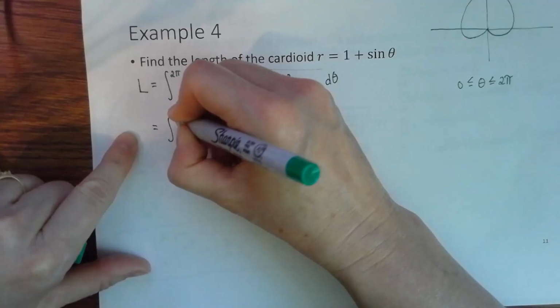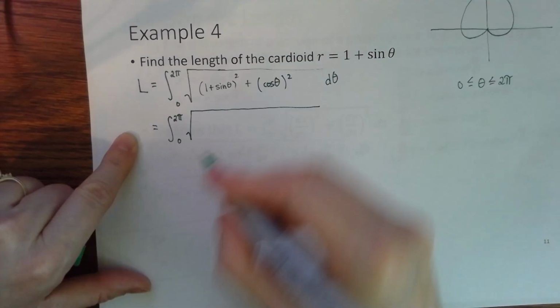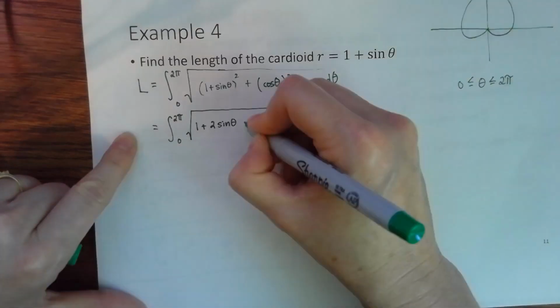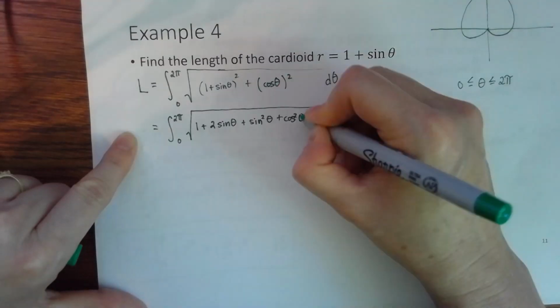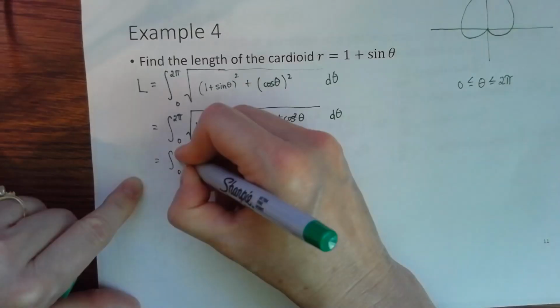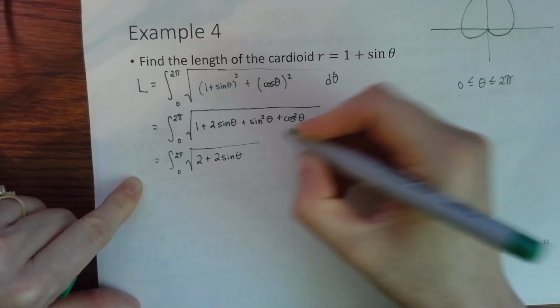So that will be the integral from 0 to 2π. When we square this, we're going to get 1 plus 2 sine θ plus sine squared θ. And then this one squared is cosine squared. Sine squared plus cosine squared is 1. So when we simplify this, we're just going to get 2 plus 2 sine θ.